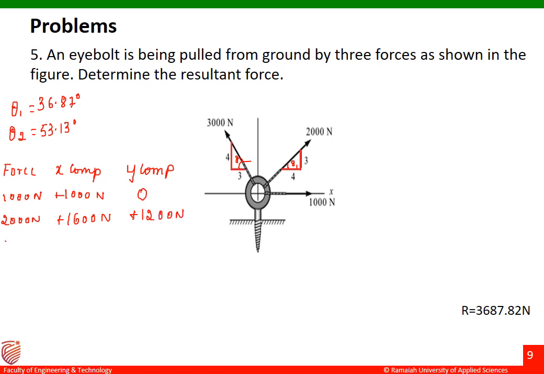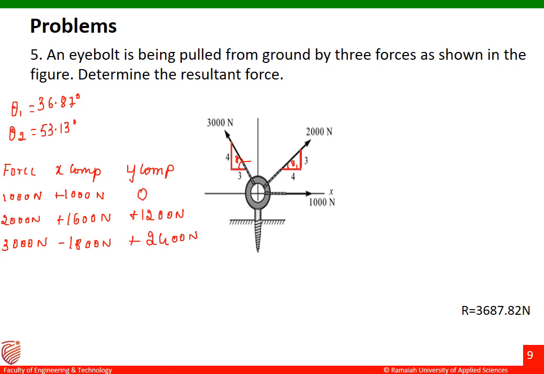Let me go for the third force, 3000 Newton. The x component is 3000 cos 53.13. It lies in the second quadrant, so the x component is negative, minus 1800 Newton. The y component is positive, 3000 sin 53.13 degrees, which gives plus 2400 Newton.